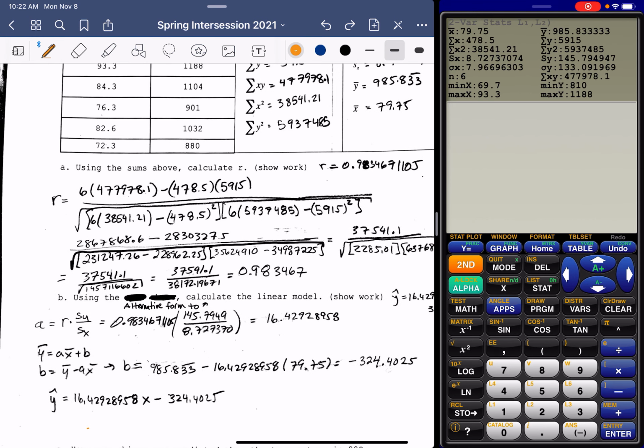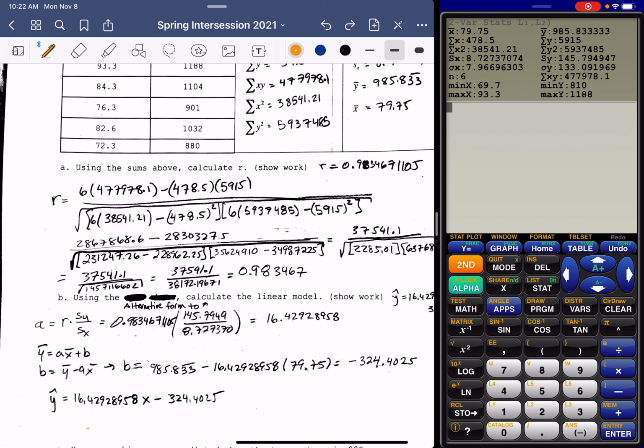Then B. How do you calculate B? This is the formula for B. You're going to need y bar, x bar, and A, the number that you just calculated. One thing again that you need to open your mind to is that everything seems to be stacked.